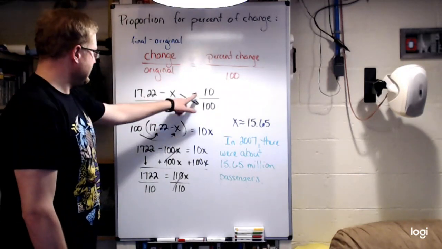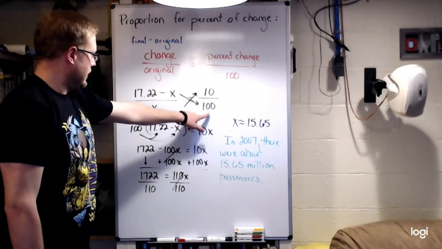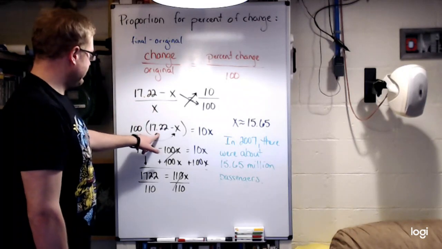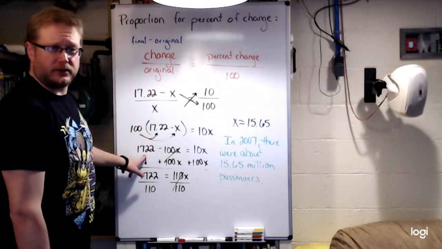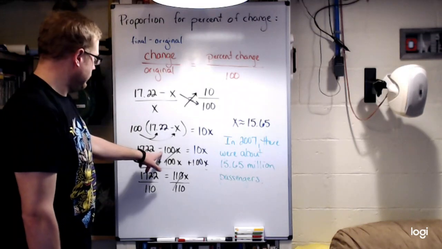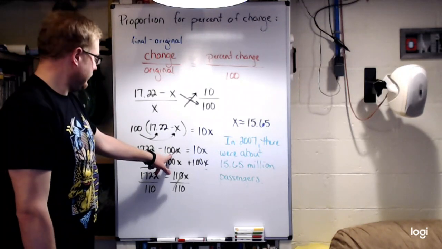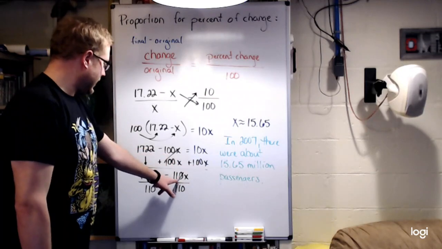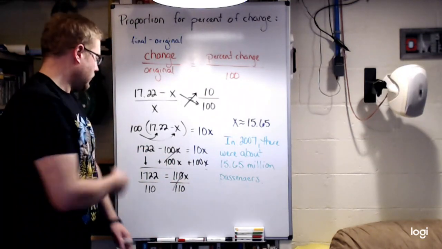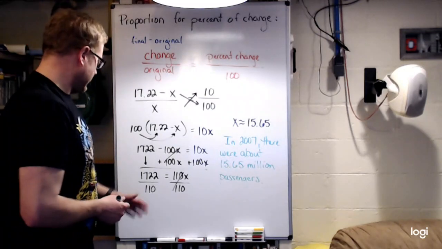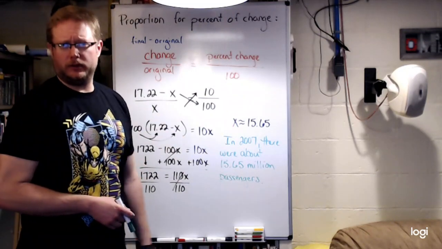Cross multiply, 10 times x is 10x. 100 times 17.22 minus x. Distribute gives us 1,722 minus 100x. Get our terms together. We get 1,722 equals 110x. Divide both sides and we get 15.65.